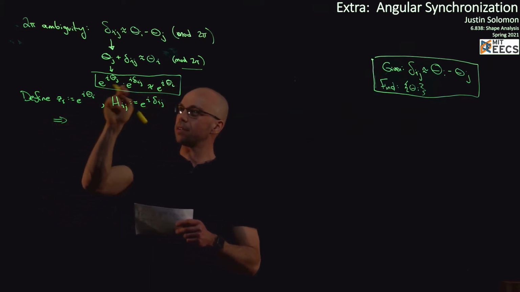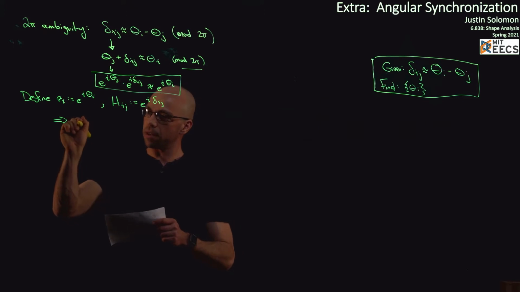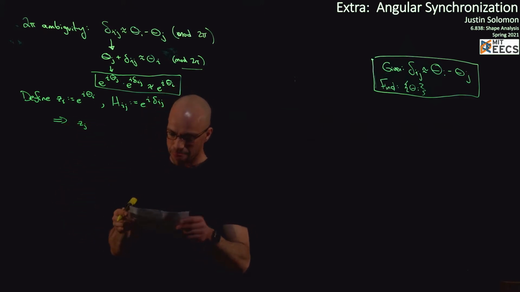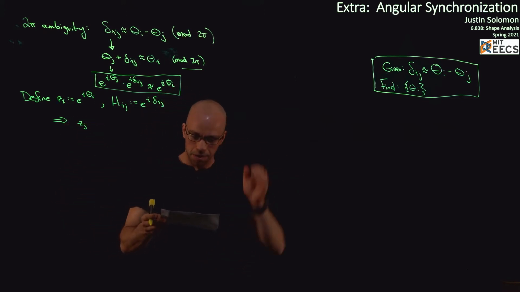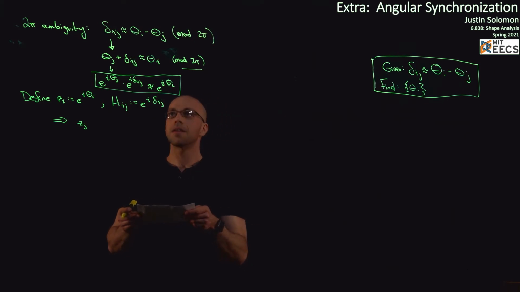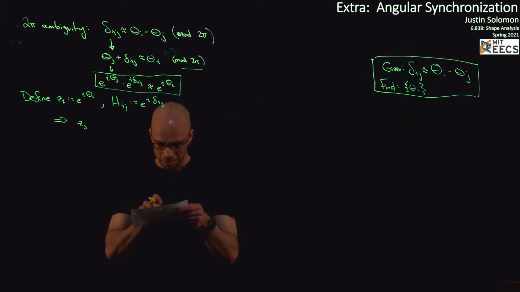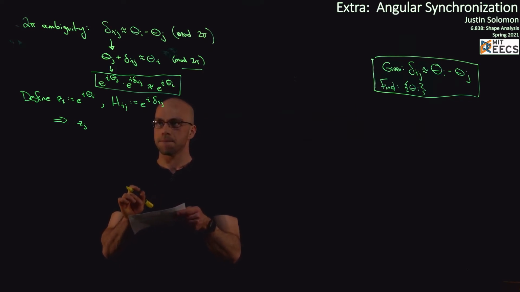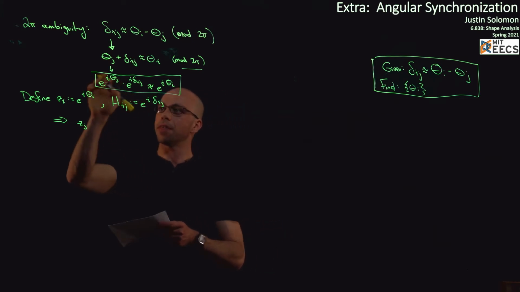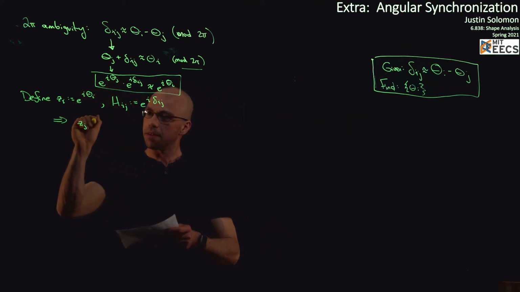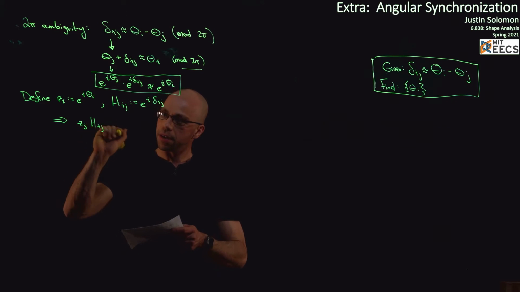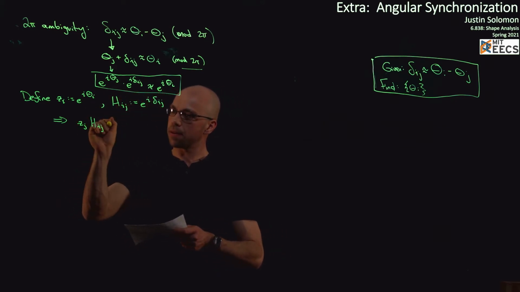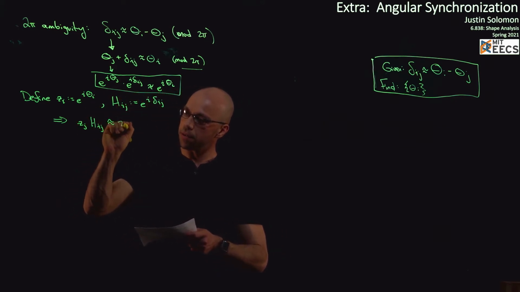In particular, we have e to the i theta j, so we have a z_j is equal to, did I already manage to make this a little bit wrong? Theta j. Oh, no, yeah, this is fine. Okay, so z_j times h_ij is approximately equal to z_i.